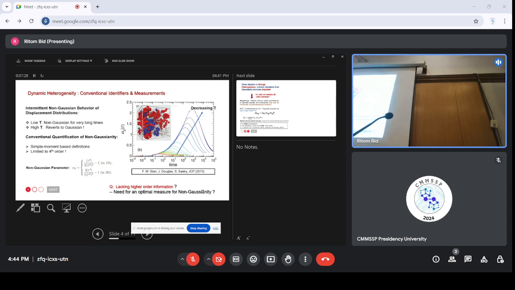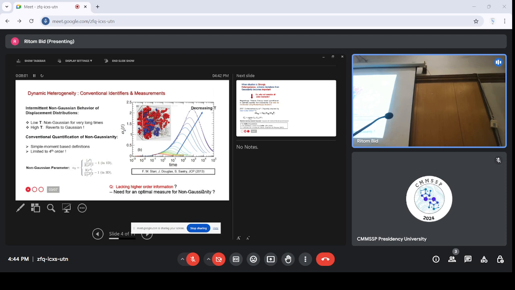This alpha 2 is called the non-Gaussianity, and it has been in the literature for some time, known by many different names, like the Wigner cumulant, the non-Gaussian parameter. For a simple Gaussian, the fourth cumulant becomes 3 times the square of the second moment. From there, one can easily construct this non-Gaussian parameter.